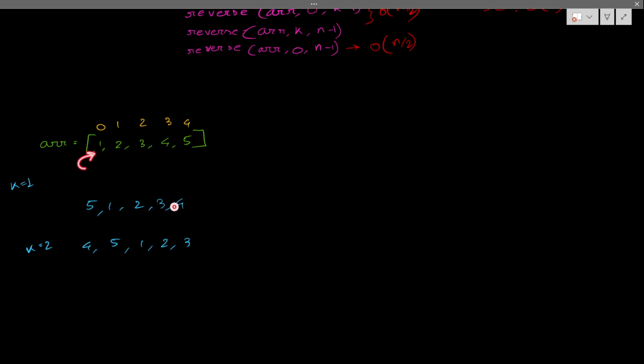Again, I can pop from here and add into here. But this is not a queue. This is a special data structure called a deque. In a deque, we can push and pop from both ends, and for a queue we can only pop from the front and push at the last end.